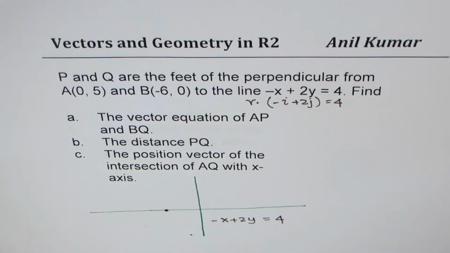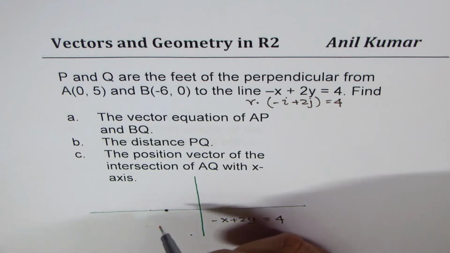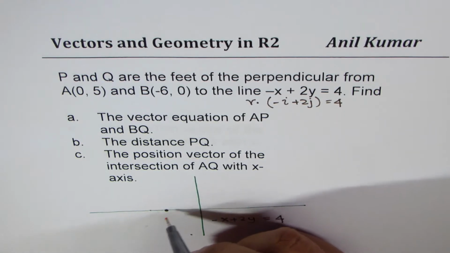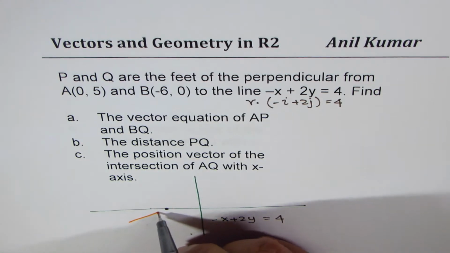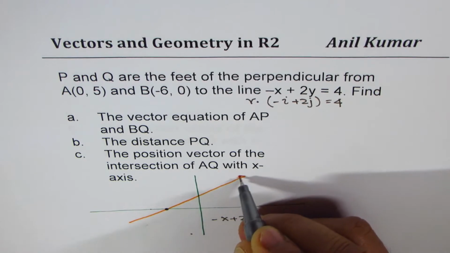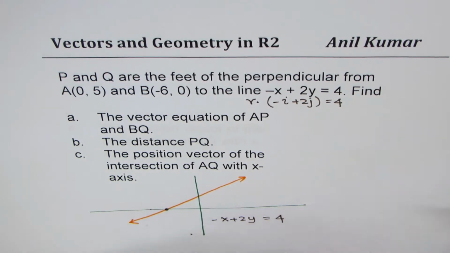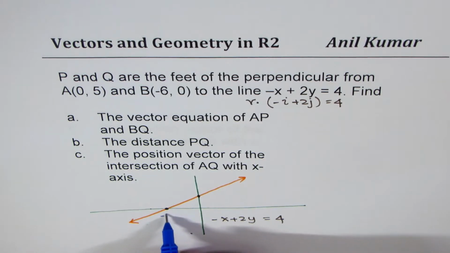I'll first sketch a line to be on the safe side and then form the points. These are all very rough sketches. So let this be the line which represents the equation, and this point becomes 2, and we have -4 here.